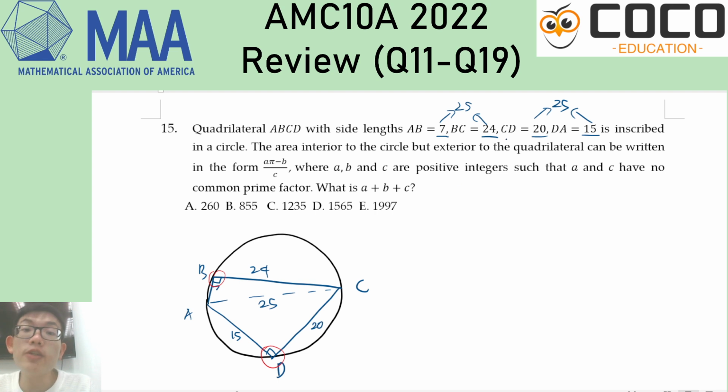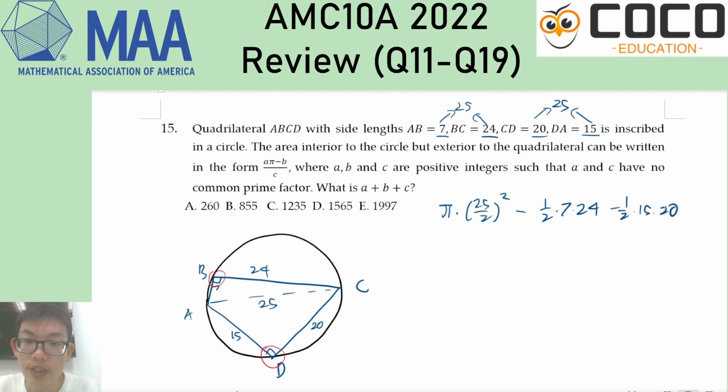So if you notice this, the question is very easy because the area interior to the circle but exterior to the quadrilateral: the circle has diameter 25. So it's just going to be pi times 25 over 2 squared. The area of the quadrilateral is made up of two triangles, half times 7 times 24, half times 15 times 20.